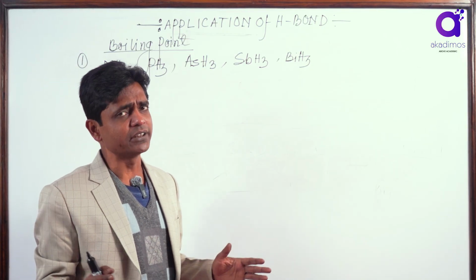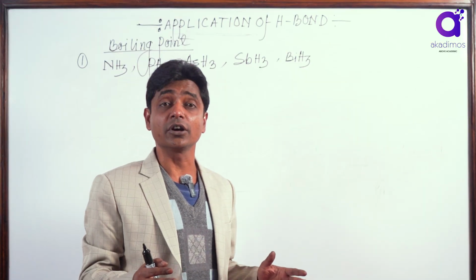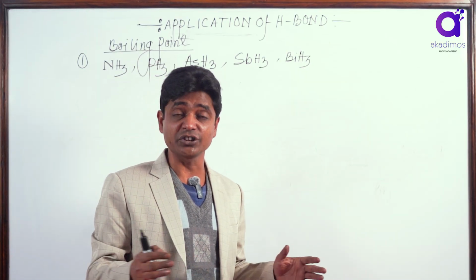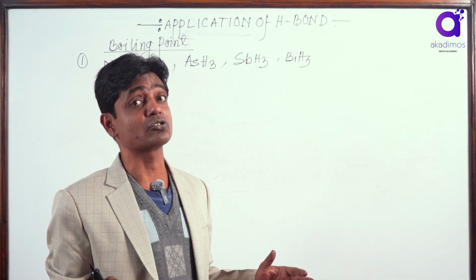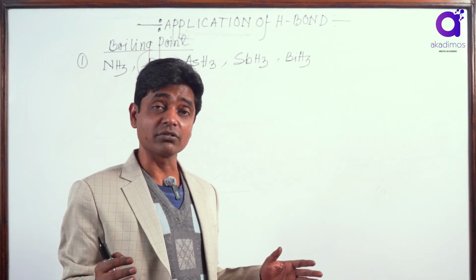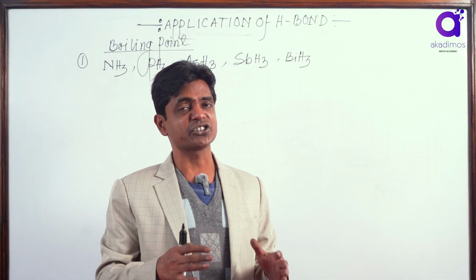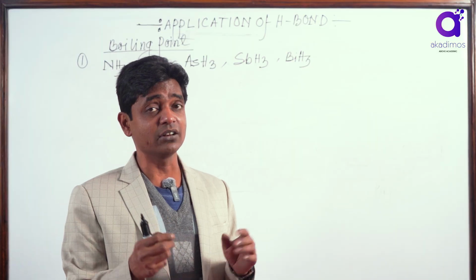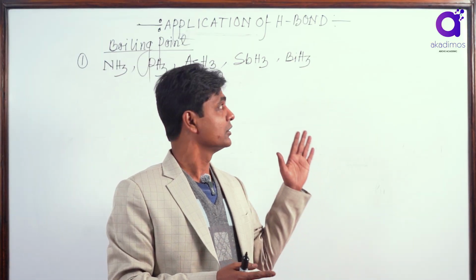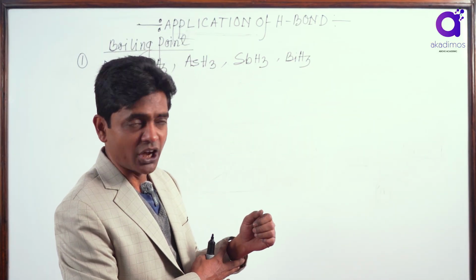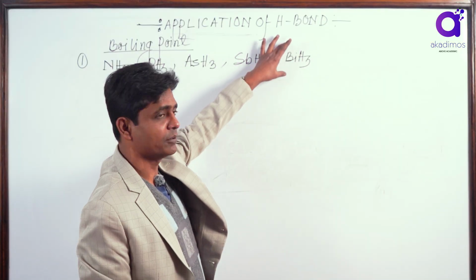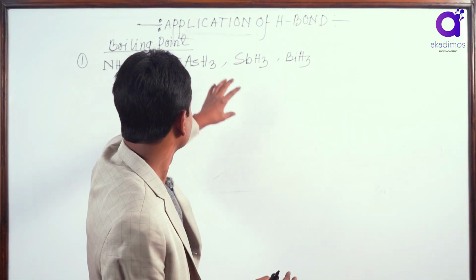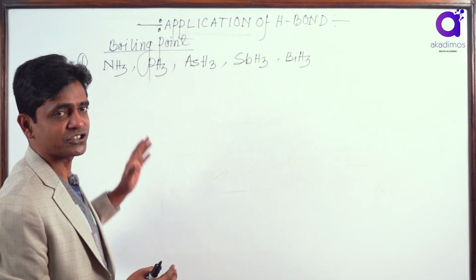These are mostly covalent, and for covalent compounds, boiling point depends on intermolecular attraction. That intermolecular attraction is controlled by van der Waals force, and van der Waals force depends on the surface area or size of the molecule. If I take only the van der Waals force of these covalent hydrides, then BiH3 should be highest since its size is maximum, then SbH3, and minimum NH3.